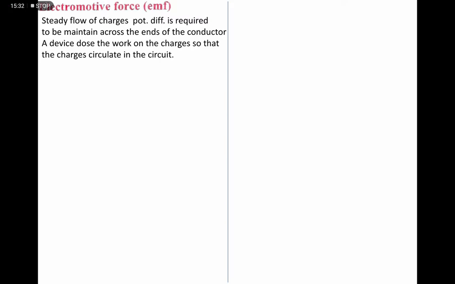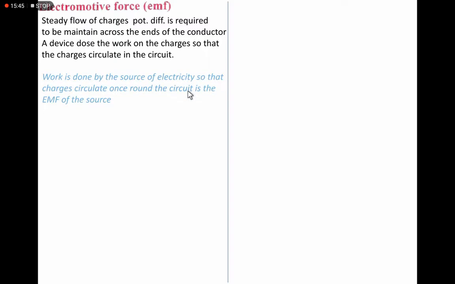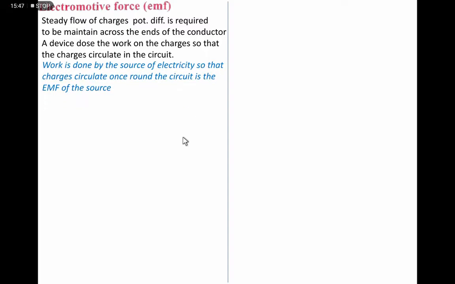So the charges cross the area of cross section of the conductor, and the potential difference is there across the conductor. The work done by the source of electricity so that the charges circulate once around the circuit is known as the EMF of the source.